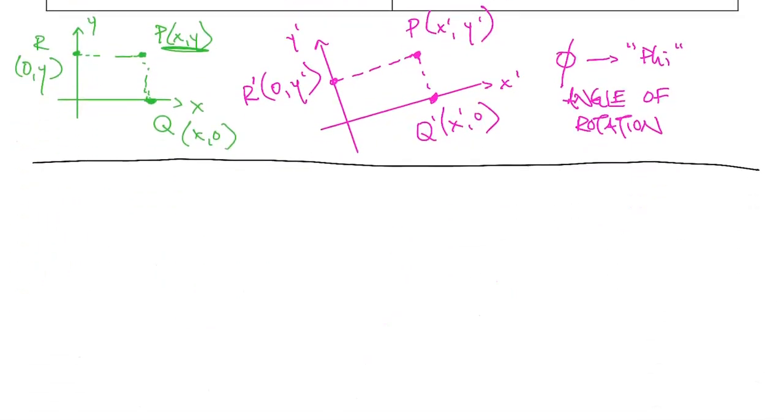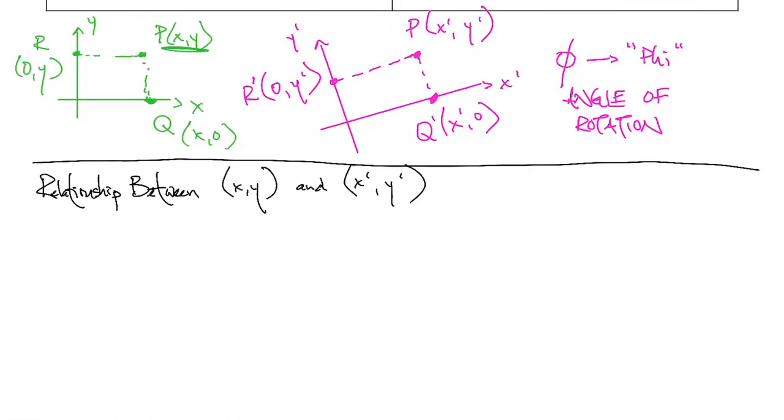So let's talk about how we go from the relationship between x comma y and x prime comma y prime. Okay, so if we have x comma y, how do we get it into x prime y prime?